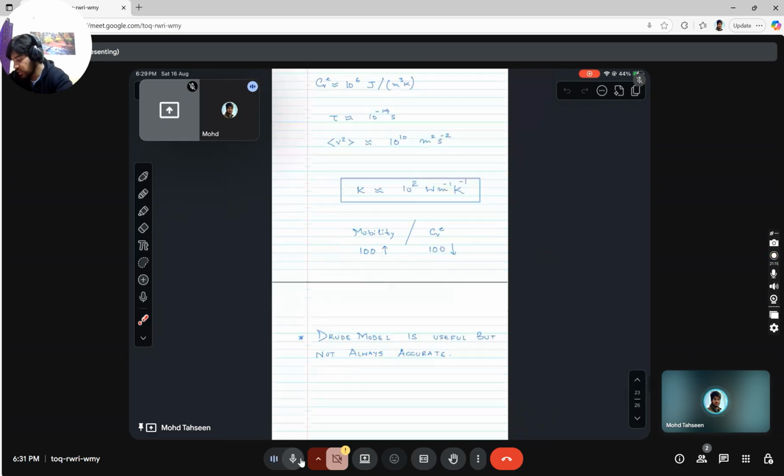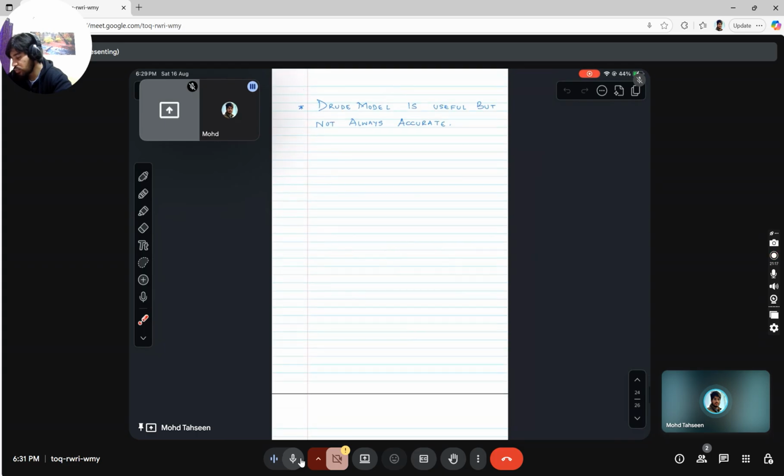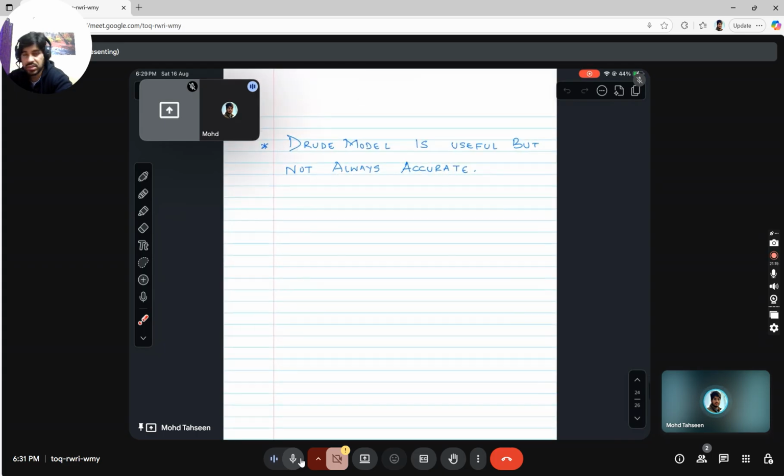Right? So this tells us that the Drude model is useful in explaining the behavior, but it's not always accurate, and there must be something wrong in the assumptions that we made while framing this model, that is causing this discrepancy in the quantities.